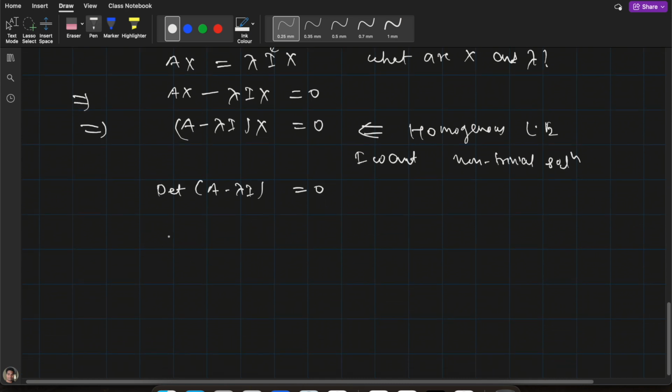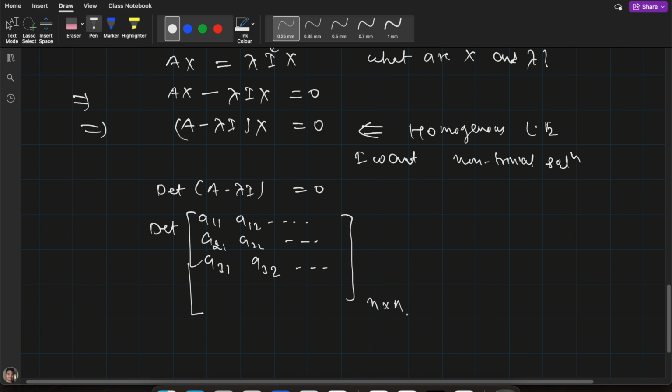So what is the determinant of A minus lambda I? Suppose A has elements a11, a12, a21, a22, a31, a32, and so on, and it should be an n by n matrix, because for the determinant, the matrix should be square.